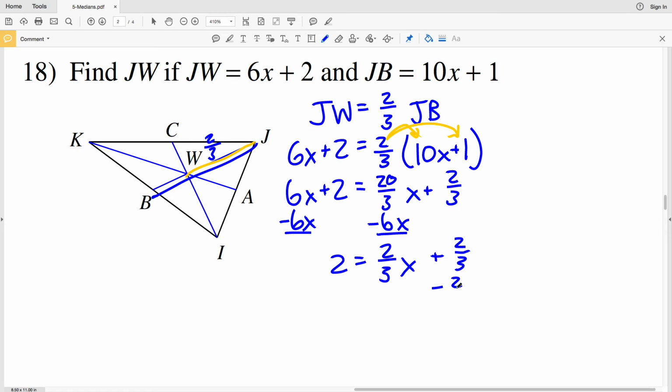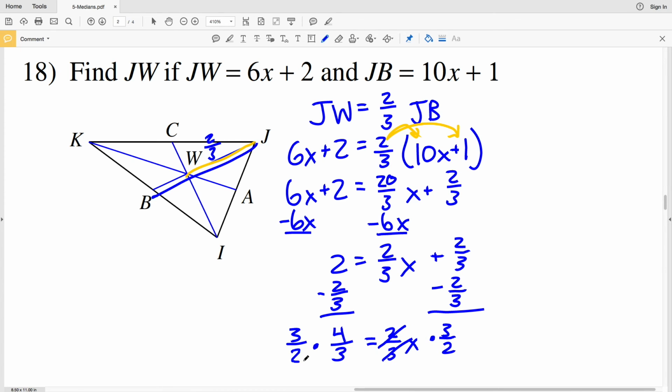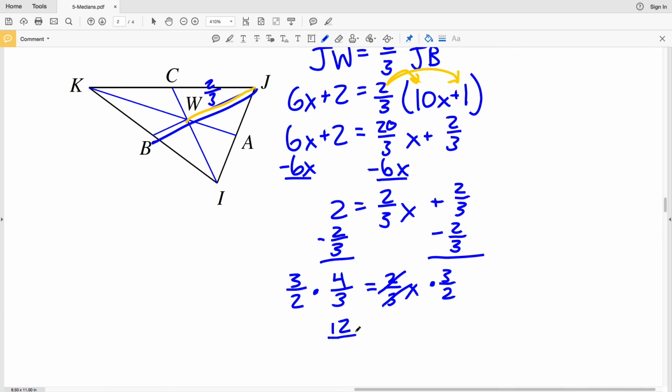So then I'll subtract 2/3 from both sides to get that 2/3 x is equal to 2 minus 2/3, which is 4/3. I'll multiply both sides by 3/2 so that my 2/3 cancels out. 3 times 4 is 12, 2 times 3 is 6, 12 over 6 equals x, and 12/6 is the same as a whole number 2, since 12 divided by 6 is 2.